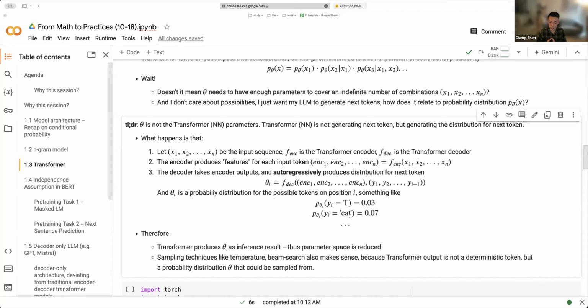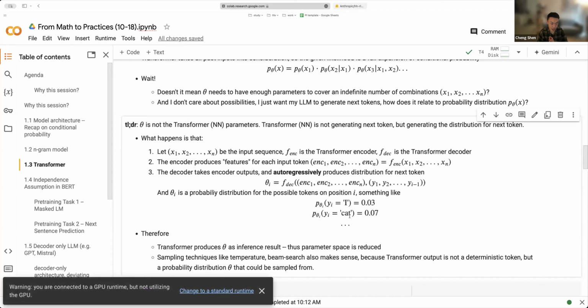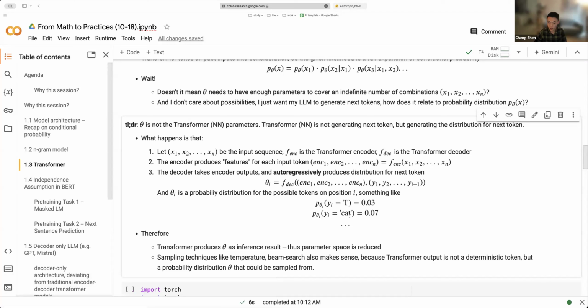For example, if I say "I like", it is more likely the next token is cat, but it is also possible the next token is dog, or today. If we think of the transformer as a lookup table, we are not using it to look up the probability of the next token directly. Instead, the transformer is used to generate the lookup table.